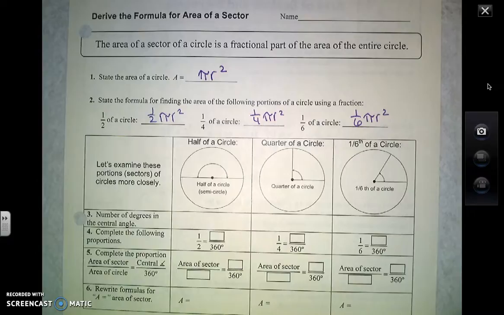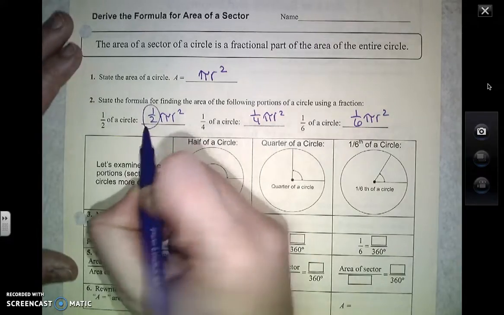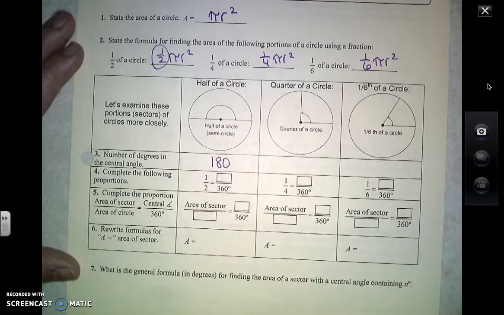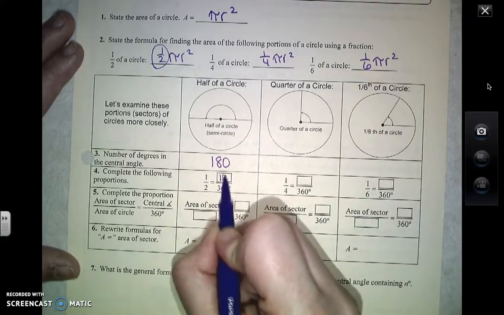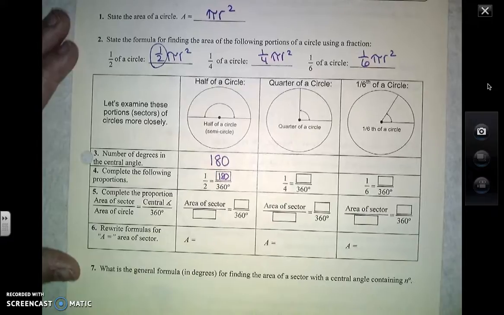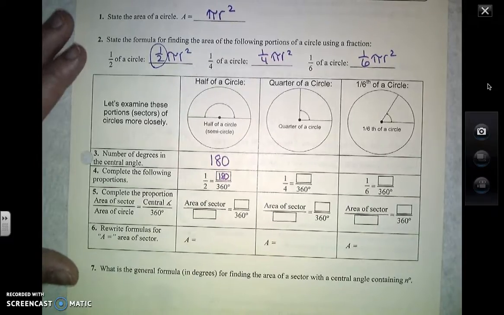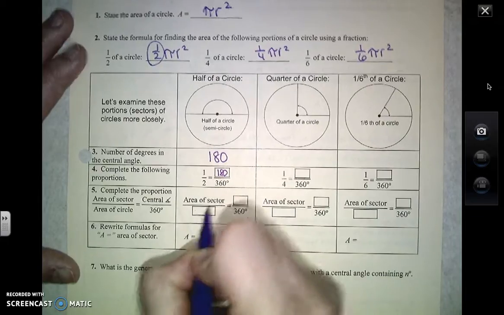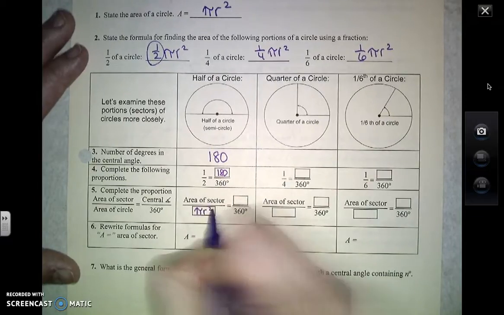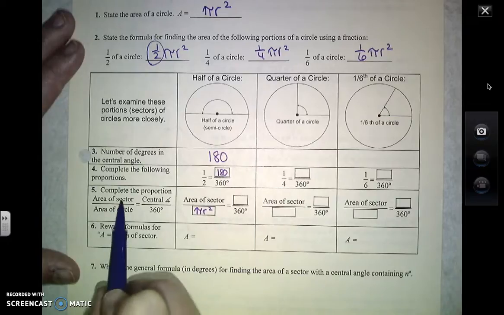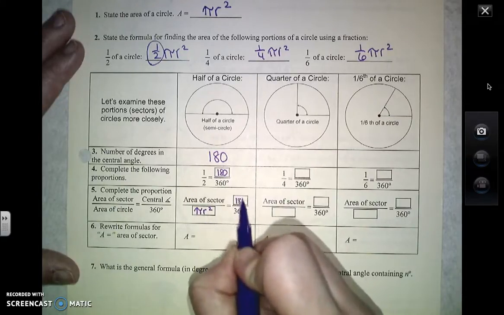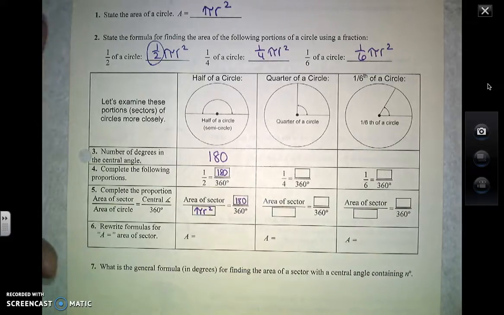Okay, what we have is half of the circle comes from the fact that if you just look at this example here, there's 180 degrees in half a circle. And so the ratio is actually 180 over 360. And so the ratio of the area of the sector to the area of the circle, which is pi r squared, is going to equal 180 over 360, which reduces to 1/2.